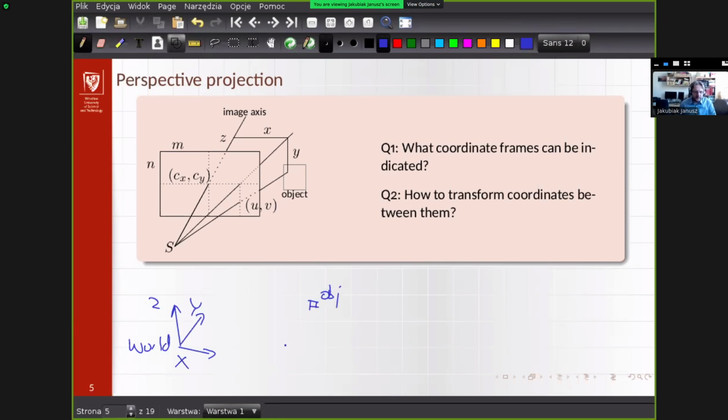But also somewhere in this world there can be a camera looking at the object. This camera will have certain world coordinates, but except for being in some world coordinates, it will most usually have its own coordinate system, usually with the z-axis toward the objects, and y and x more or less like that.